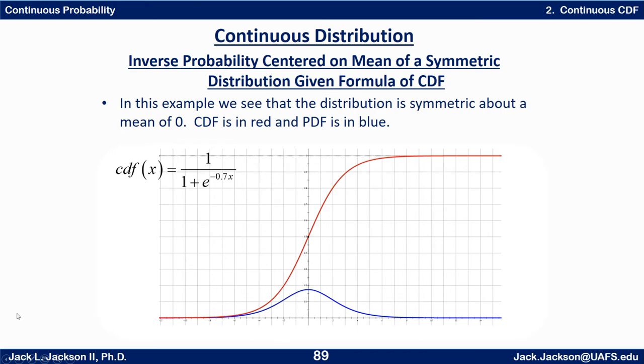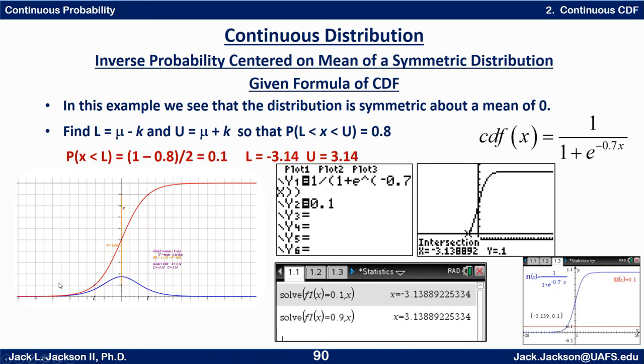Now what we're looking for in this case is basically this situation here, and so we want to find these values L and U so that they're the same distance from the mean, and the area under the PDF between these two is the area we're looking for, 0.8. Or in other words, this vertical distance on the CDF graph: take this y value, subtract it from this y value up here, that gives you this orange distance.